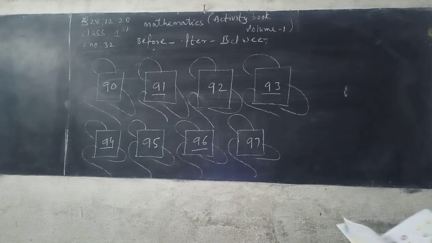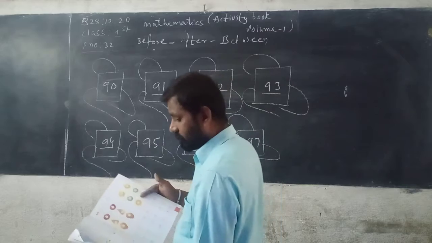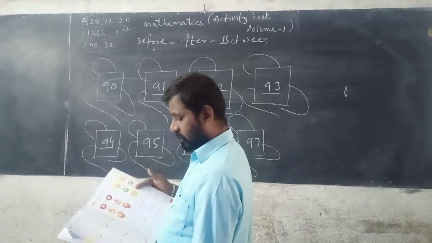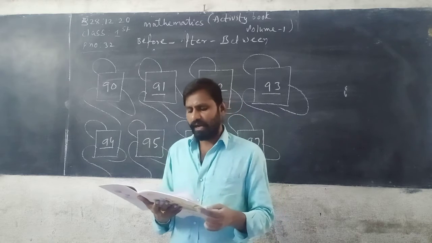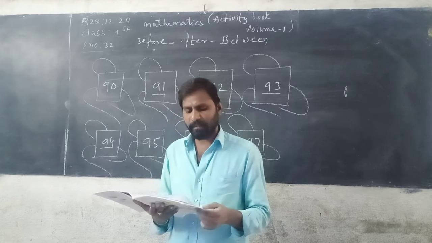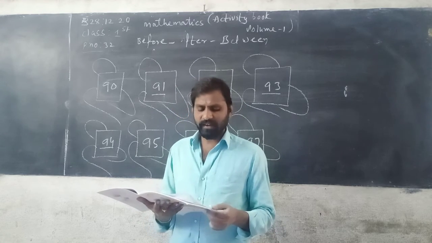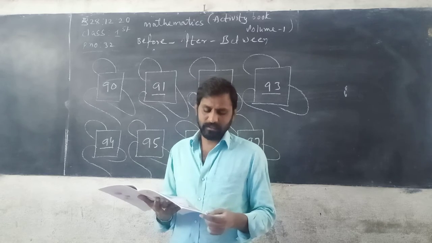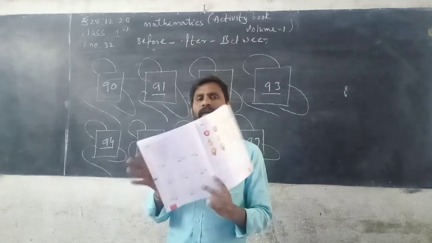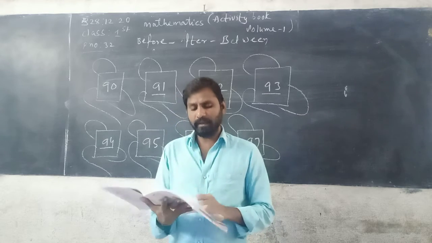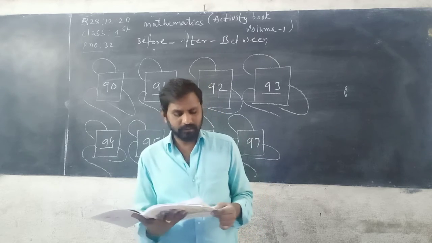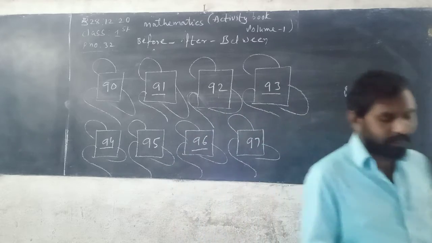Next, the signs or symbols. See here, big and small numbers. The given numbers I have to place on a balance scale. Place the numbers appropriately. See here, first one, 33 and 9. So here, everybody, you can do this: the bigger number, 33, and the smaller number, 9.